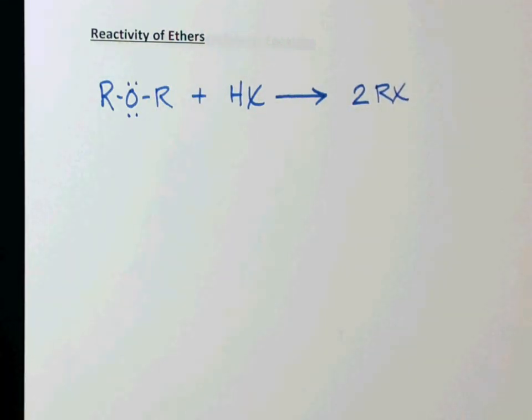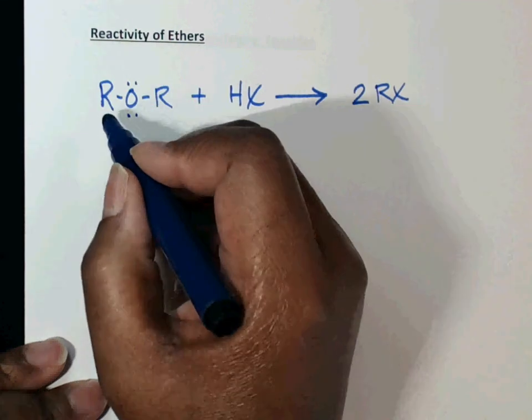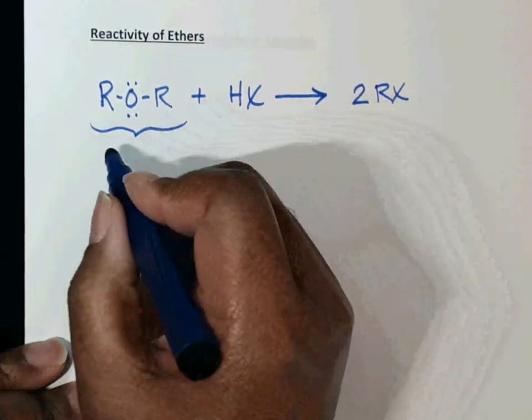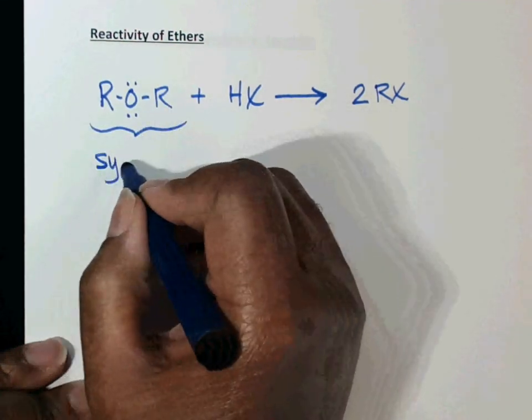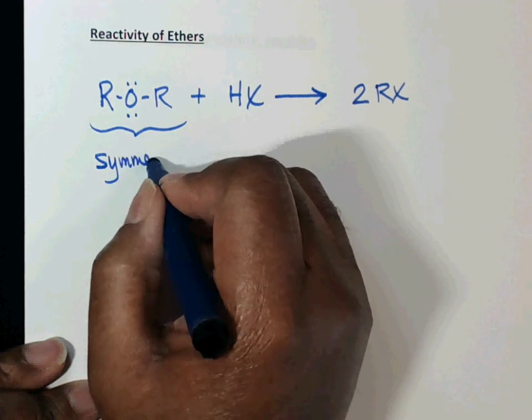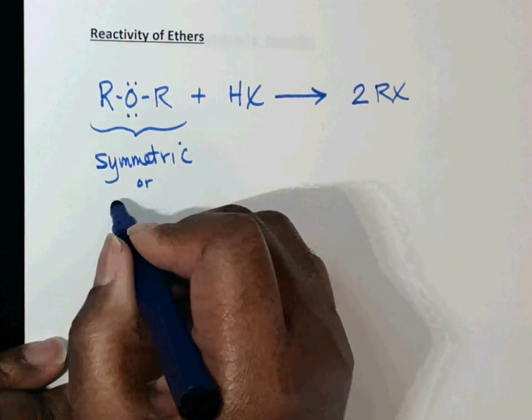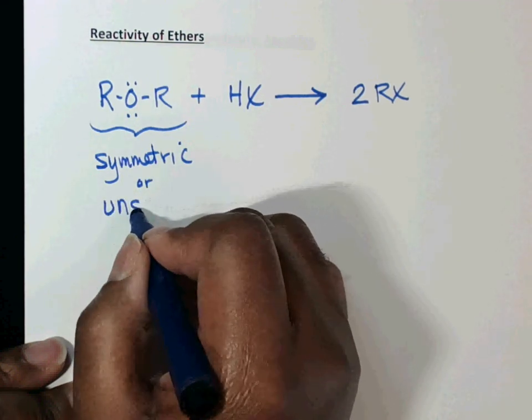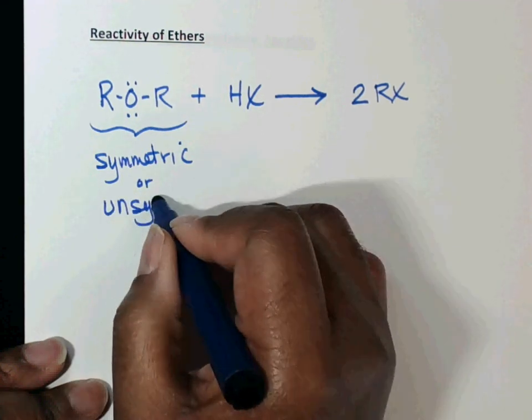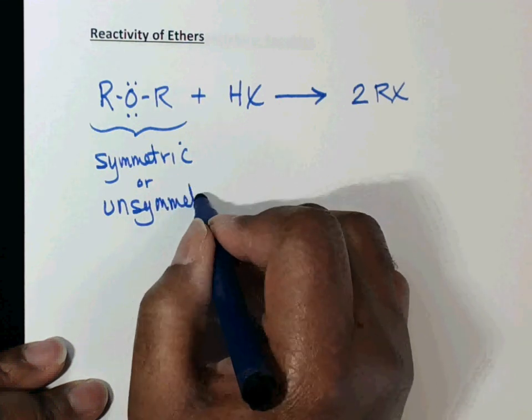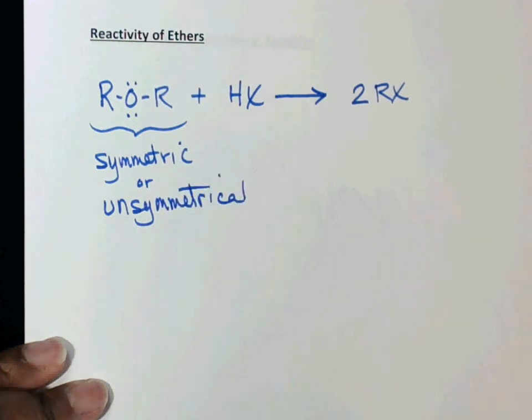Now, does it matter whether the ether is symmetrical or unsymmetrical? Not really. So the ether can be either. So it can be symmetrical or unsymmetrical. Okay.